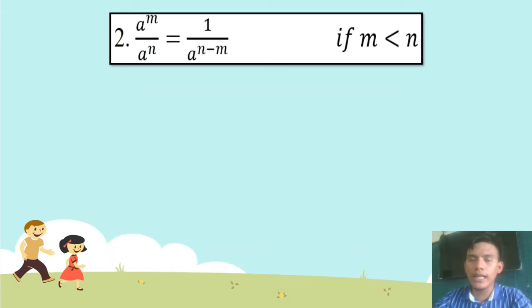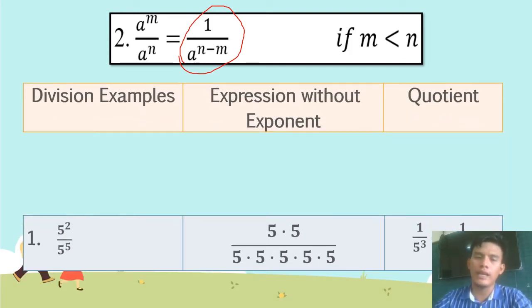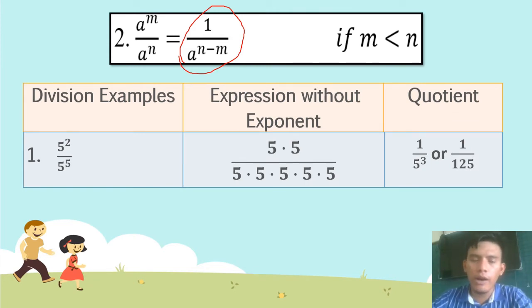Let's go on to the second condition. If m is less than n, then this will be the formula: 1 over a raised to n minus m. Example number 1: 5 squared over 5 raised to 5. So 5 squared can be expressed without exponent as 5 times 5. 5 raised to 5 is 5 times 5 times 5 times 5 times 5.